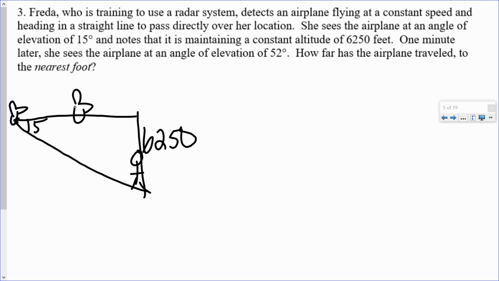These are kind of the wings, the tail. And now it's at an angle of 52. How far has the airplane traveled? And it's basically the same thing we had before. Now, the other way you could have set this up, the first situation, either way, the altitude 6250.